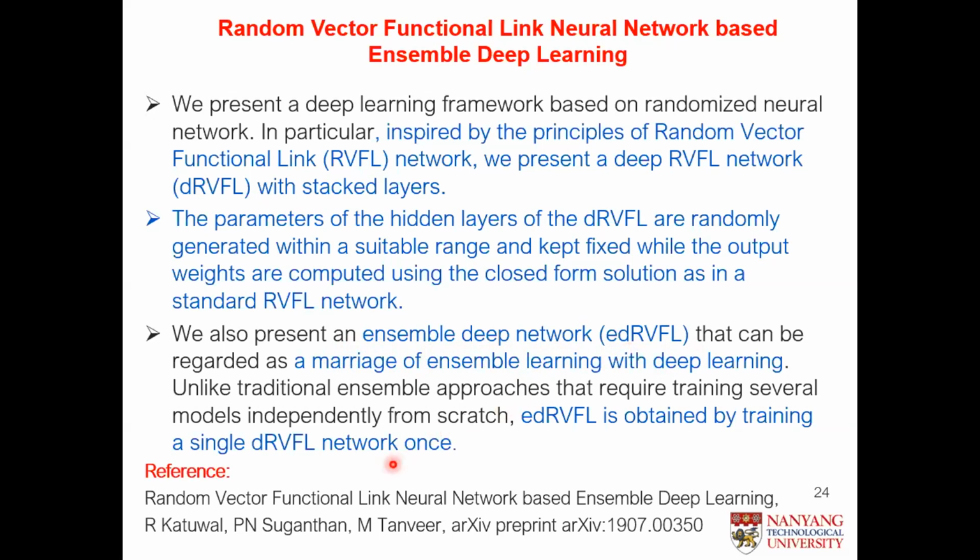The original version, you can find it as an arXiv paper. Recently it was accepted by Pattern Recognition, so the accepted journal paper, I will show you the reference of the journal version in the next slides. So we will look at the deep RVFL and the ensemble deep RVFL.